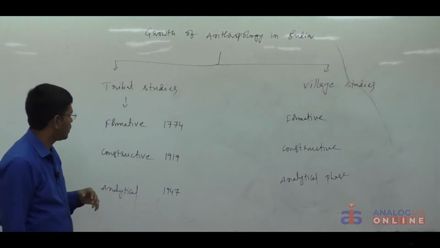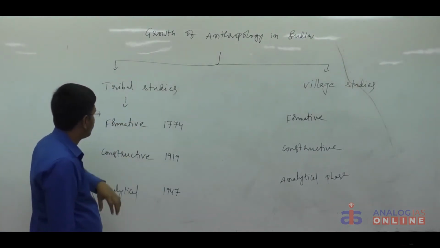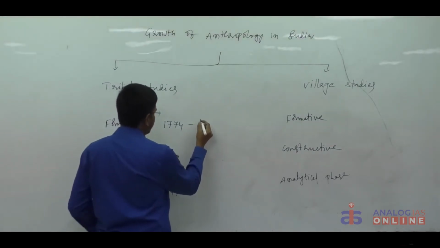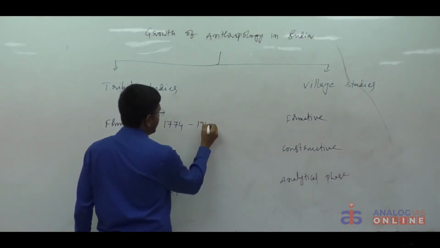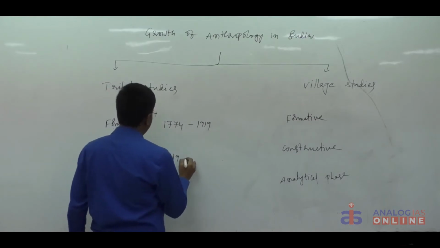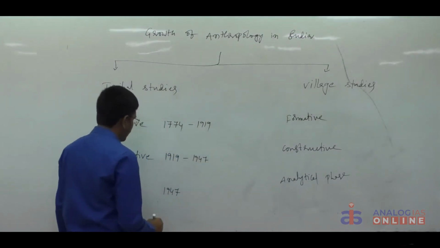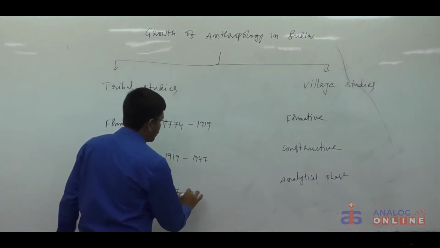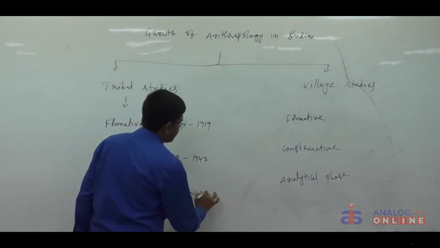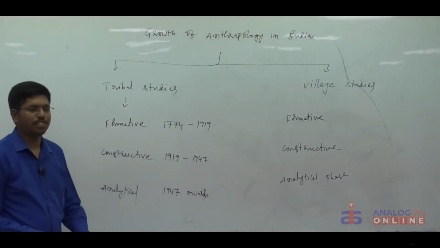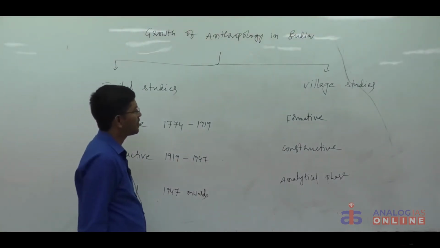Slight variation will be there. That's why with respect to tribal studies, we can say that the formative phase existed from 1774 to 1919. Constructive phase is from 1919 to 1947. Analytical phase is from 1947 onwards. Some people used to say that it is from 1950. Immediately after independence, drastic changes were not made.